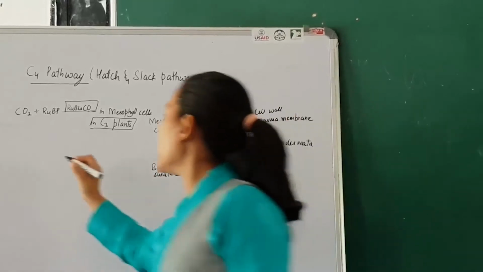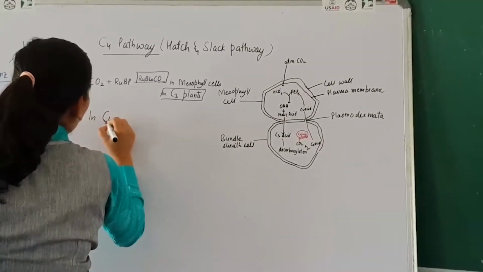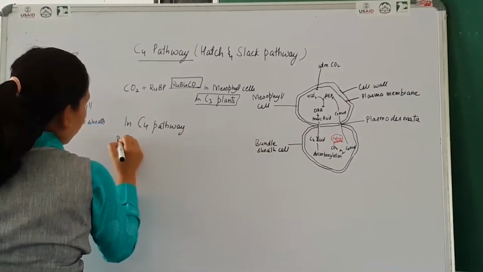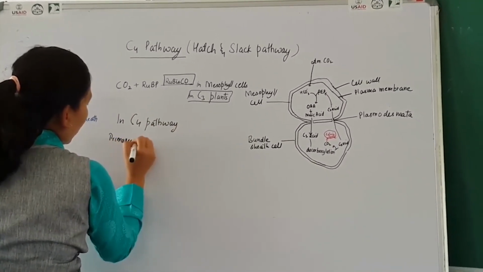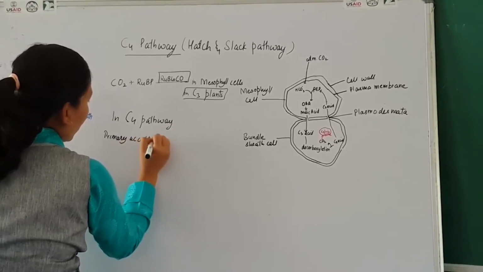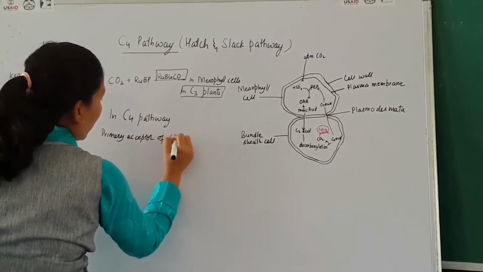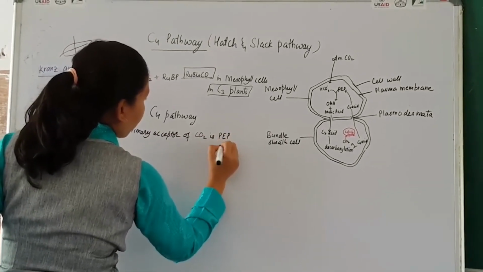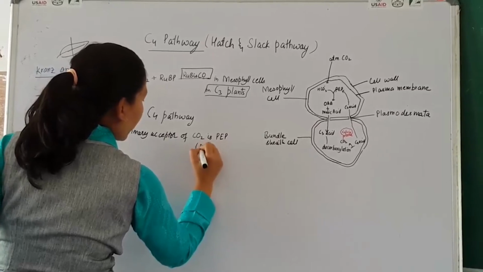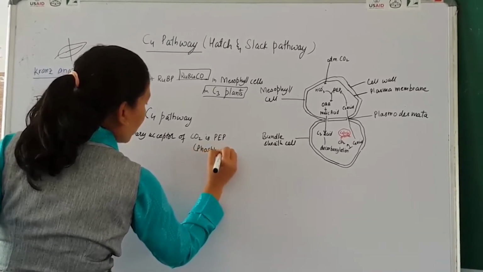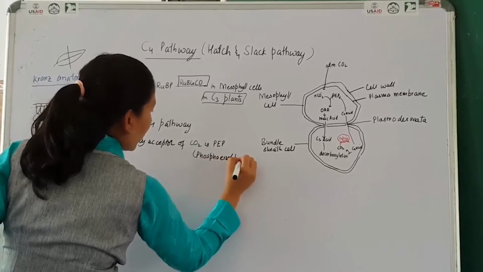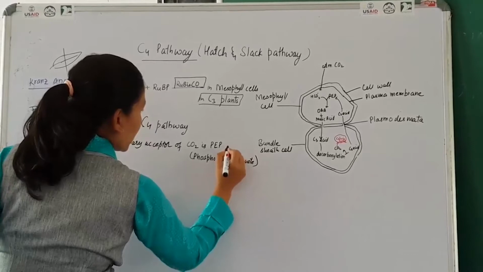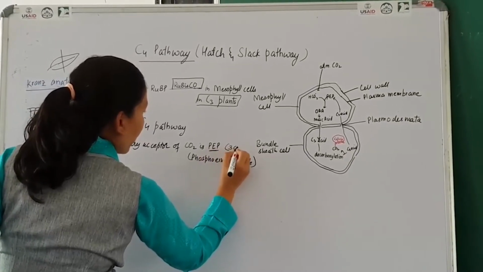So in C4 pathway, the primary acceptor of carbon dioxide is phosphoenol pyruvate, which has 3 carbons in it.